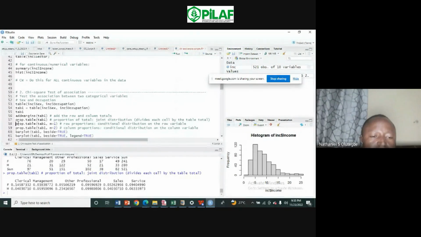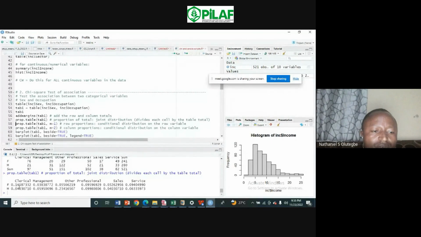So you can do something like this, and it gives you the percentage assigned to each of the categories in the contingency table. Each category is represented by a cell, so you have this as 14.5%, this as 3.98%, this 5.6, this 9.6, this 3.2, as the case may be.